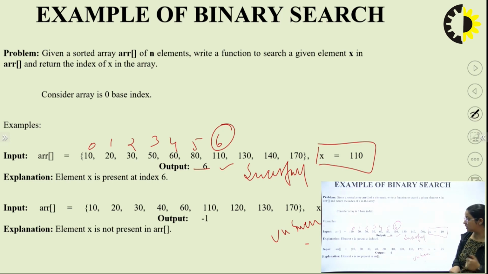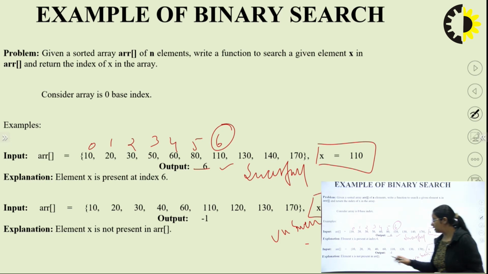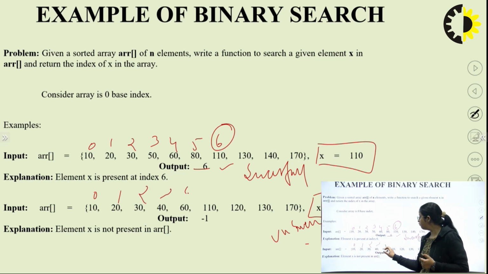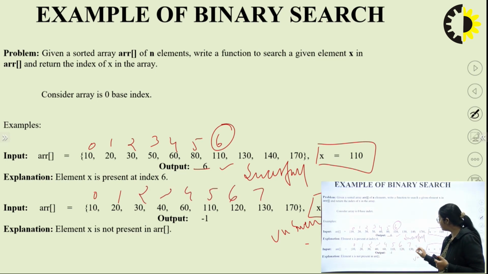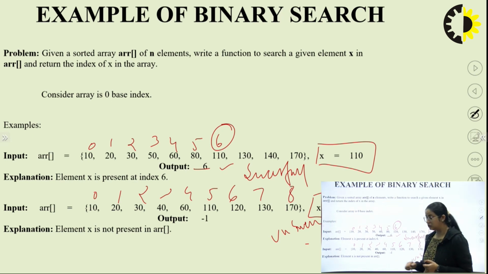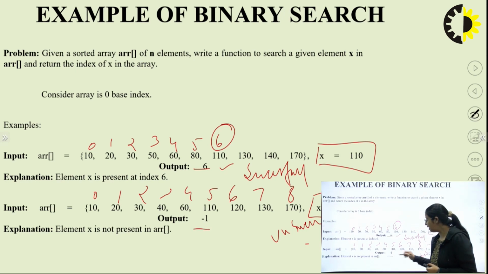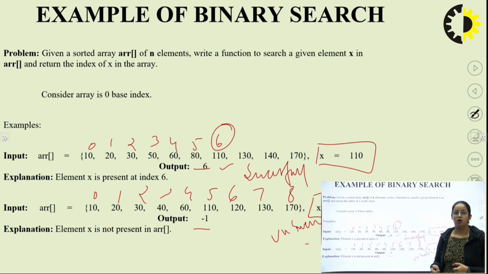But in the second case, if you want to search for the element x equals 175, and you check position 0, it is not matched, then 2 3 4 5 6 7 8. If we check every position and do not get the element, then we have to print -1. -1 means the search is unsuccessful, we do not get that particular element in the elements of the array.